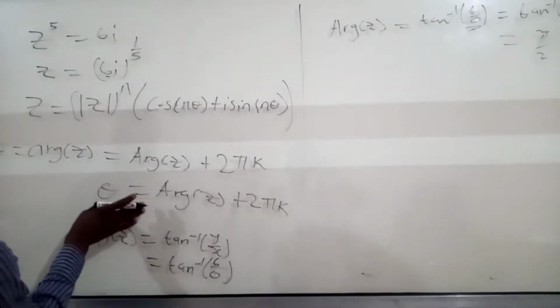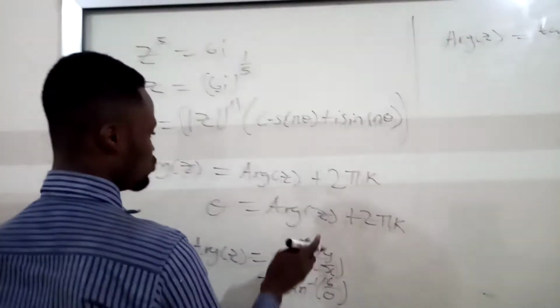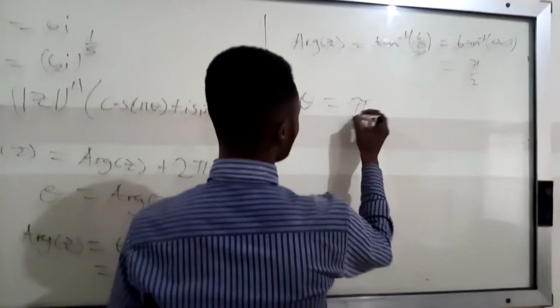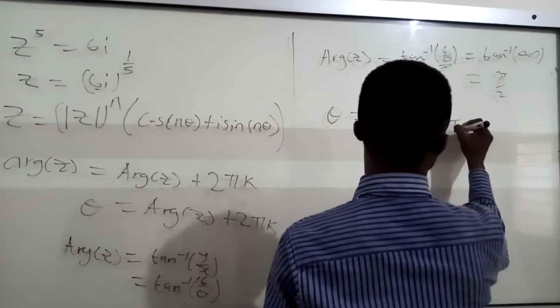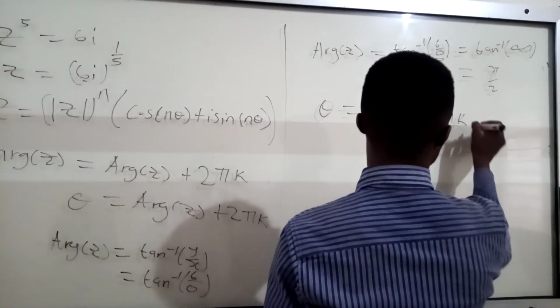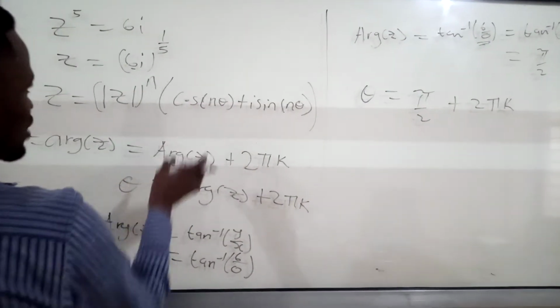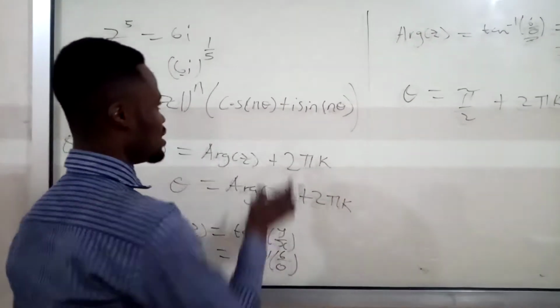Okay, so we know our angle. From this side, theta is equal to pi on 2 plus 2 pi k. So we go back to the question and substitute the angle, which is theta.